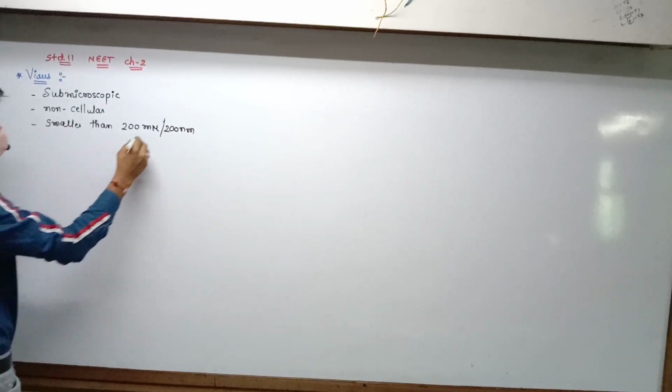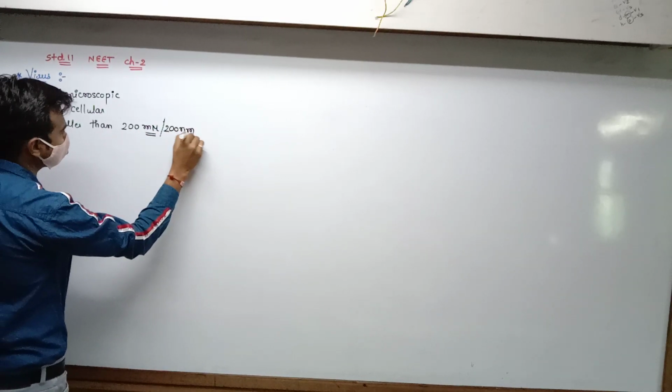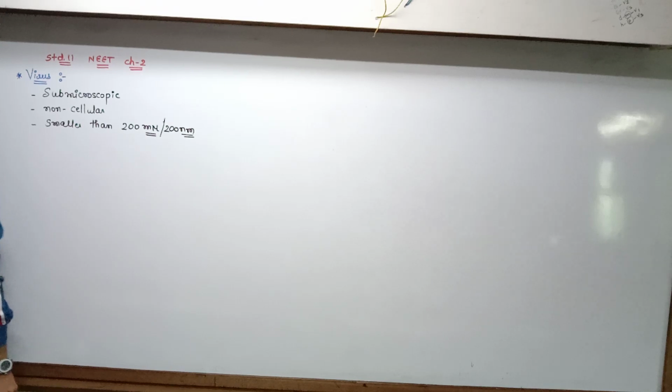Yes, millimicron or nanometer, both are same. Milli is 10 raised to minus 3, micro is 10 raised to minus 6, so total 10 raised to minus 9. Clear? So nanometer is also known as millimicron.